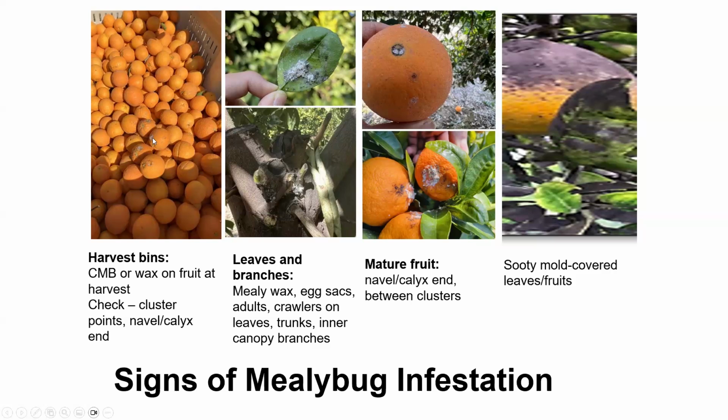Wherever the fruit are touching between clusters, if you see white stuff, even if you don't see any mealybug in there, but you do see mealy wax present, that field probably has mealybug. And also, you could look on leaves and branches. You could look on the navel ends. Usually, if there is no mealybug but there is a lot of sooty mold, it's probably mealybug or other insects that produce honeydew.